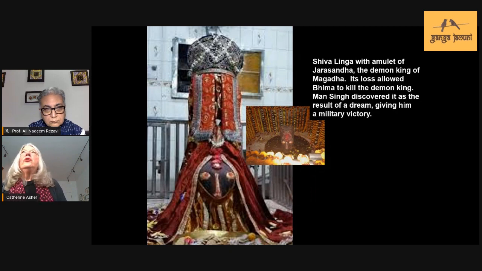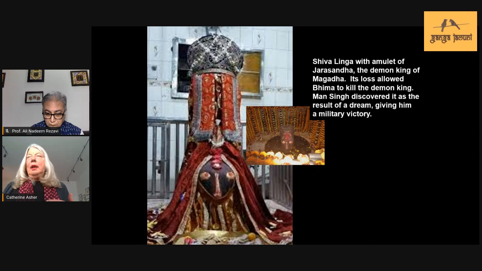Raja Man Singh had a dream that a Shivalinga... this is a little complicated. I'm sorry. He had a dream, and as a result of the dream, he discovered an amulet that was associated with the demon king of Magadha. Its loss in mythic lore had allowed Bhima to kill this demon king.